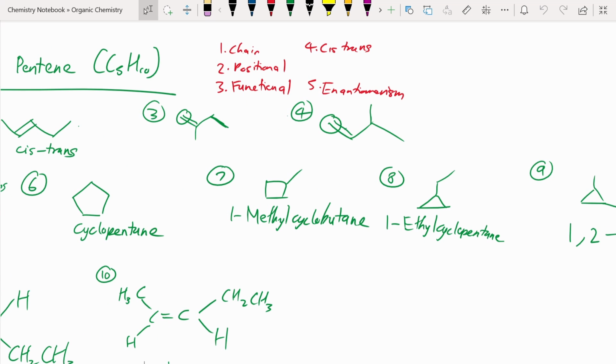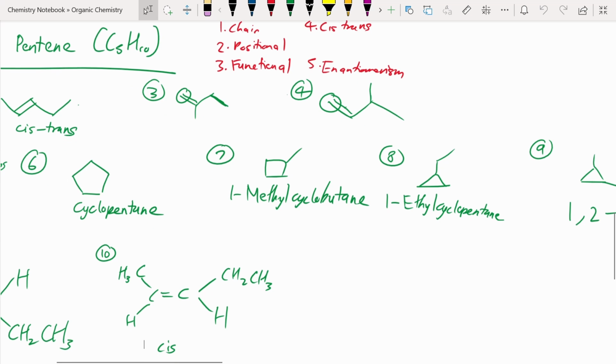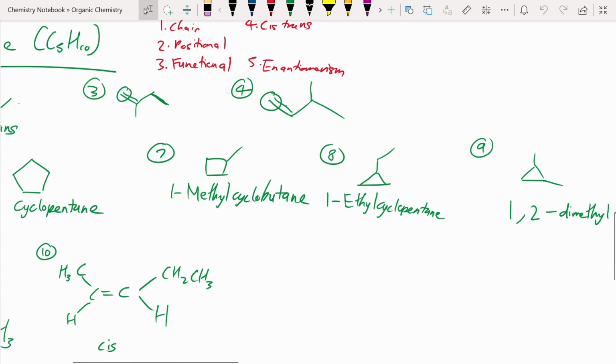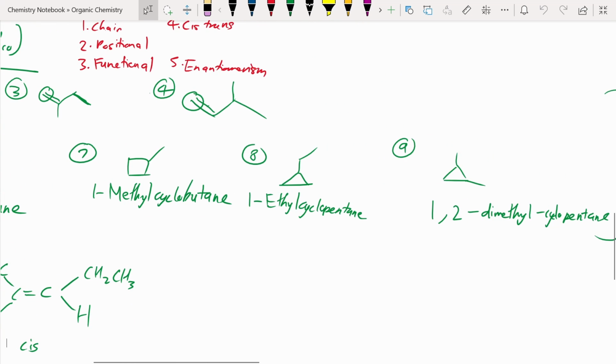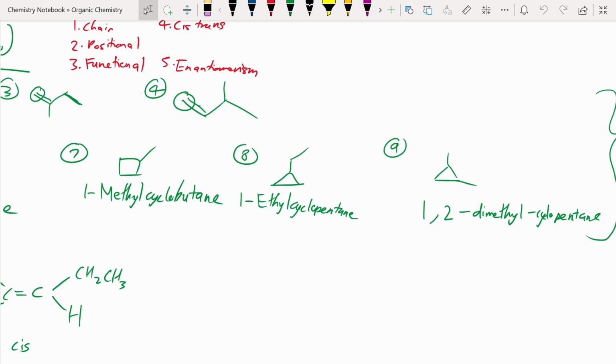For compound 6, there is no cis-trans isomerism because each carbon is bonded to 2 hydrogens. Then for compound 7, each carbon is also bonded to 2 hydrogens.